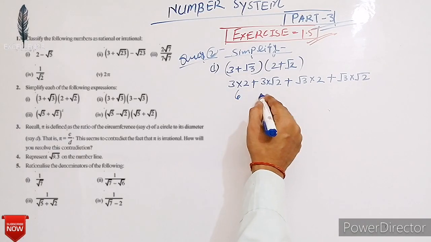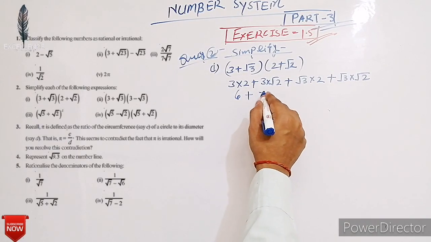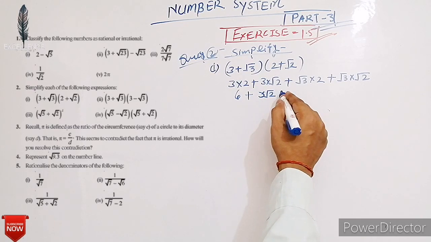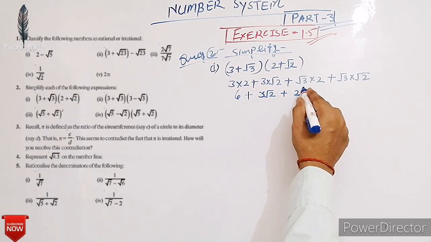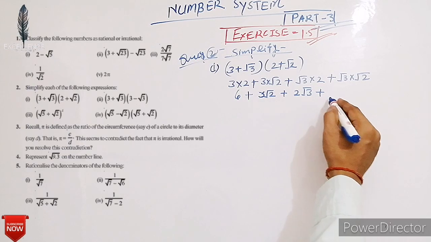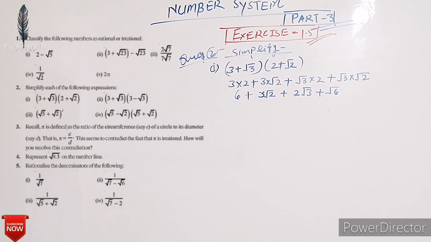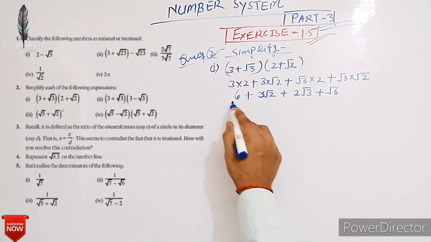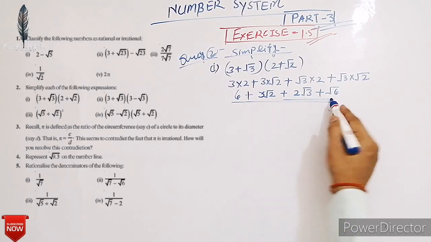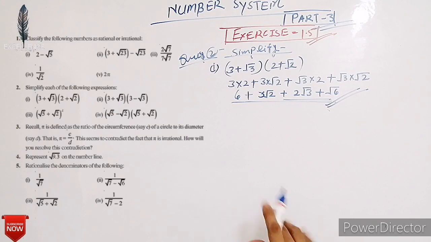So here 3 into 2 is 6 plus 3 under root 2 plus 2 under root 3 plus under root 3 into under root 2 is equal to under root 6. Here's the answer. Okay.